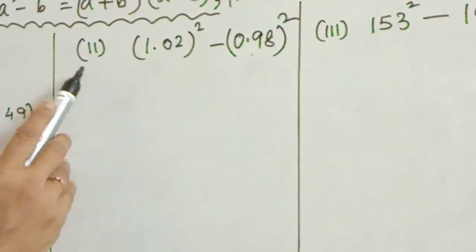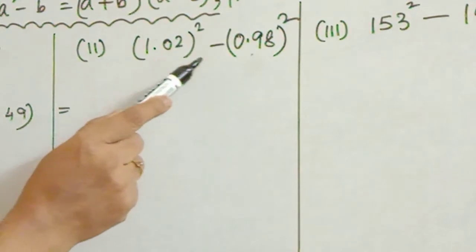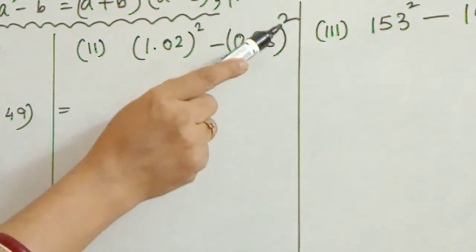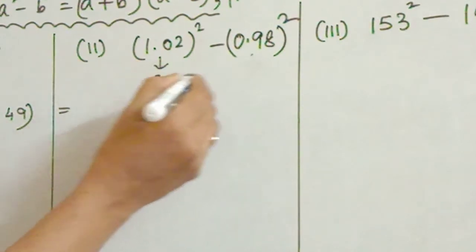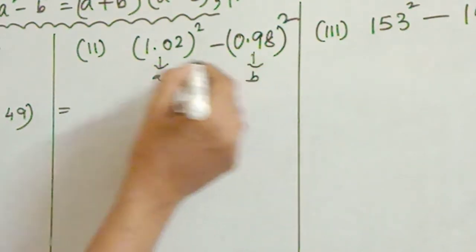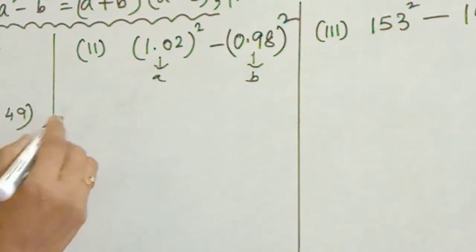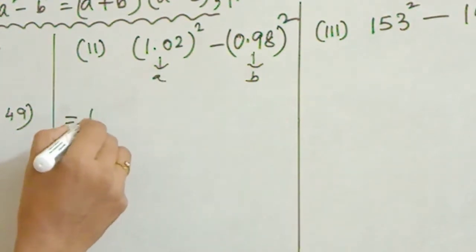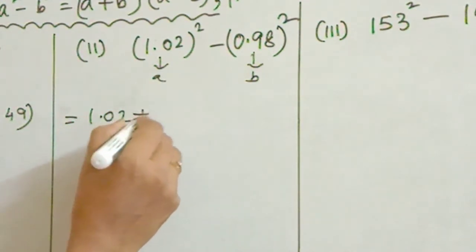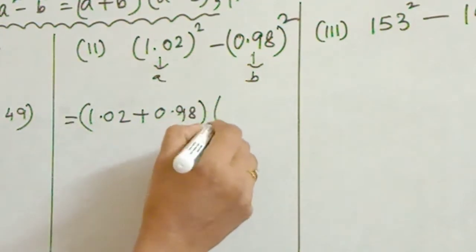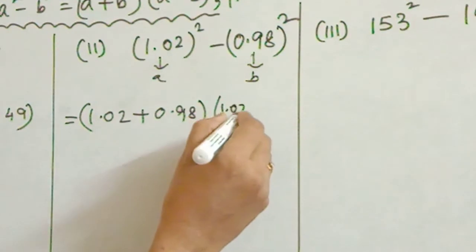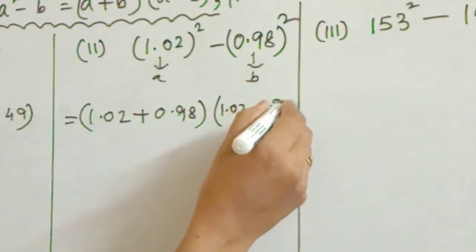Now in question number 2, it is 1.02 square minus 0.98 square. We will consider this one as A and this one as B. So it is A square minus B square. It will be A plus B into A minus B, 1.02 plus 0.98 into 1.02 minus 0.98.